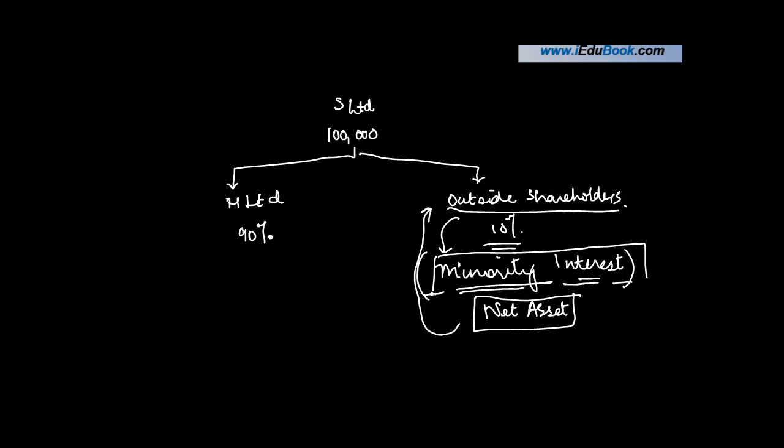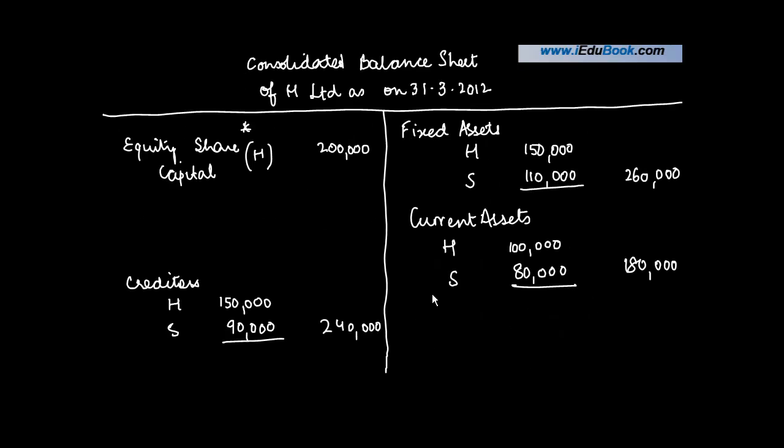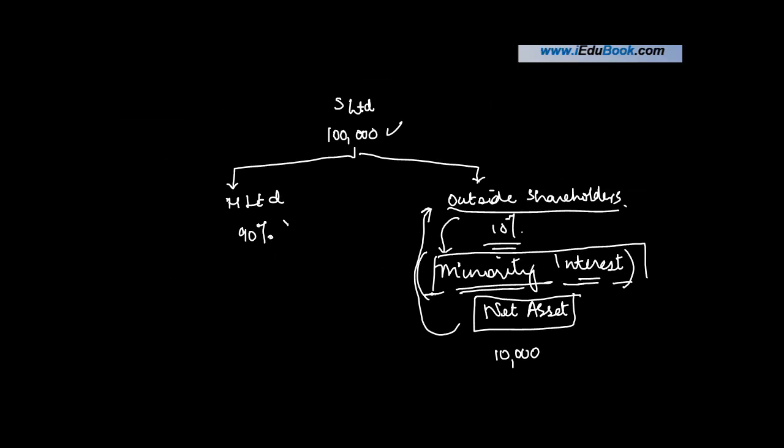So they own 10% of 1 lakh, or 10,000, right? We will show this minority interest above the creditors at 10,000, right? Now you must be wondering what happens to the balance 90%, or 90,000.